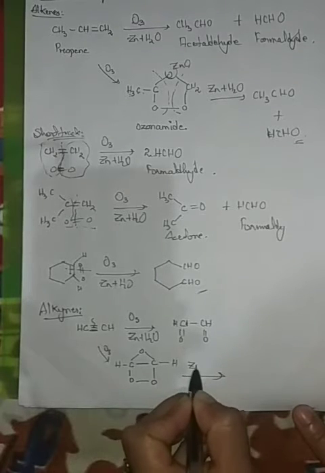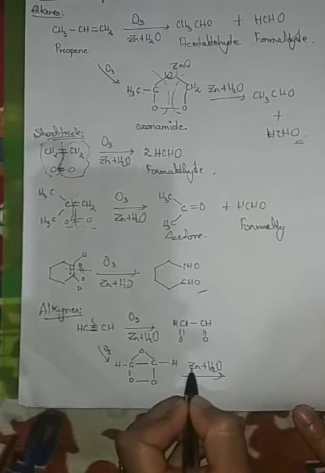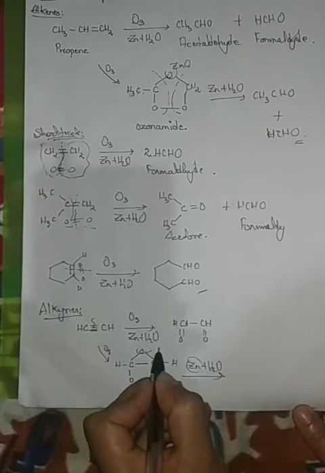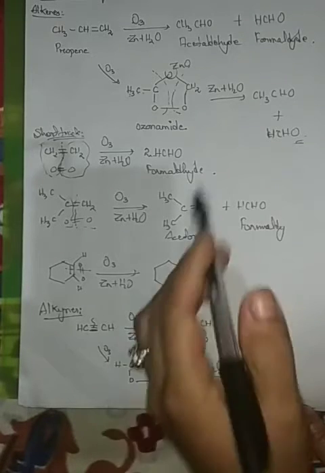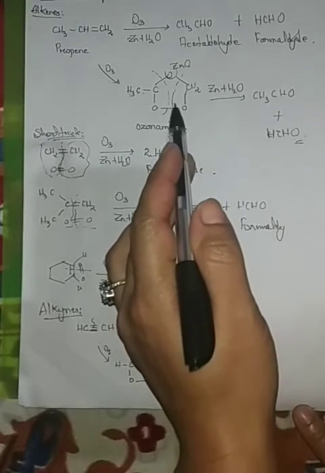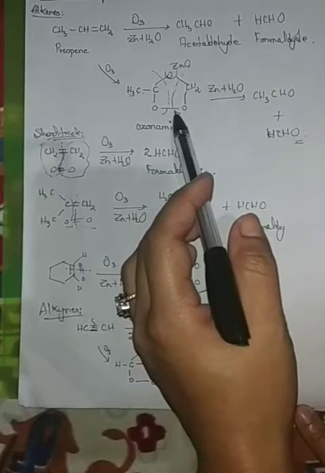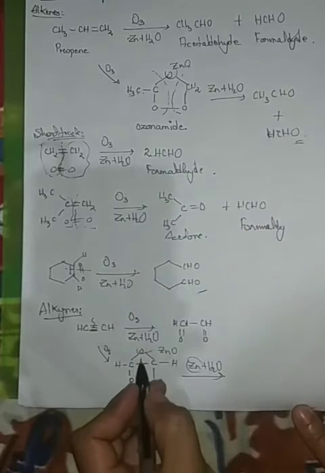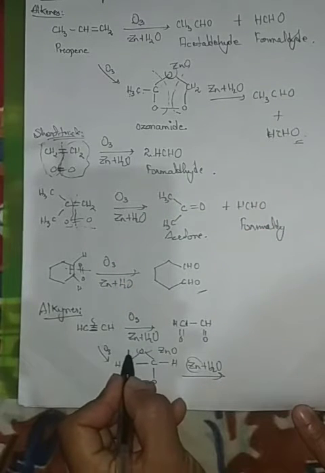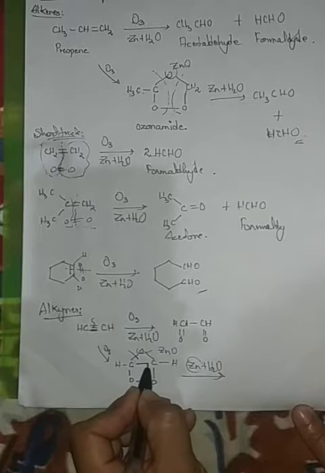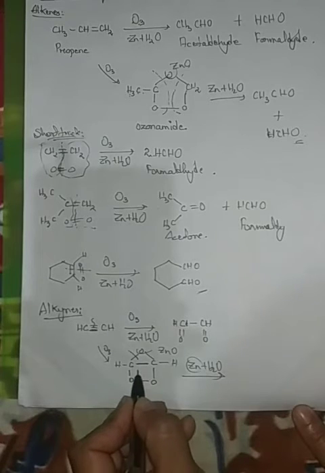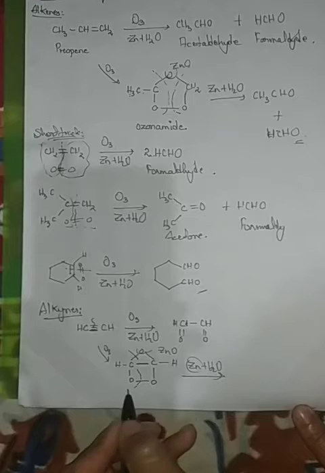Now when it reacts with zinc plus H2O, the zinc comes and takes this oxygen as ZnO, the same as happened in the reductive ozonolysis of alkenes. Now this bond breaks up, but this bond does not break up, and then there is breakage of this bond in this way.